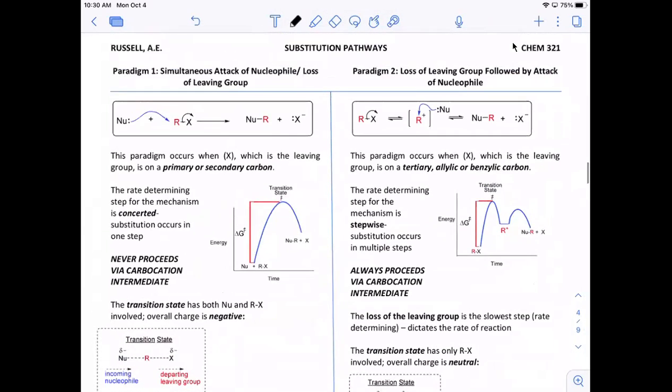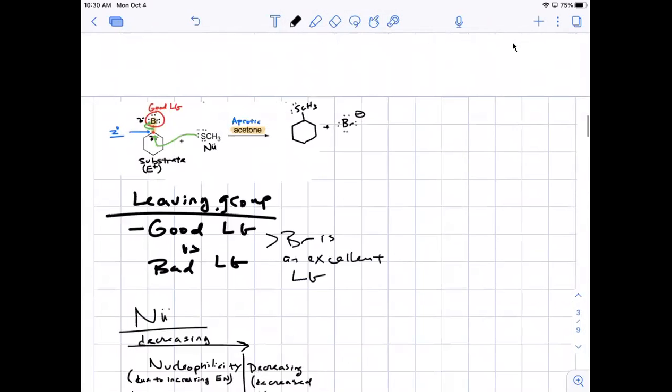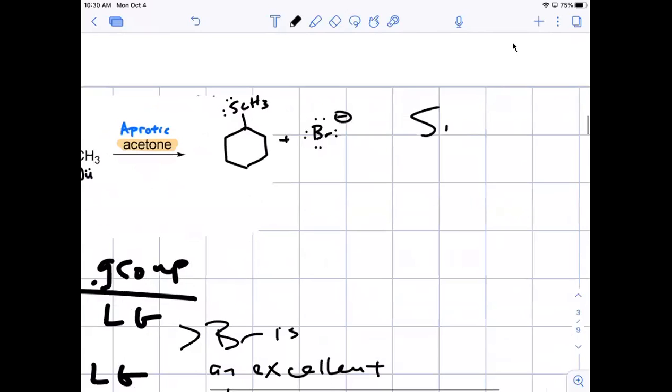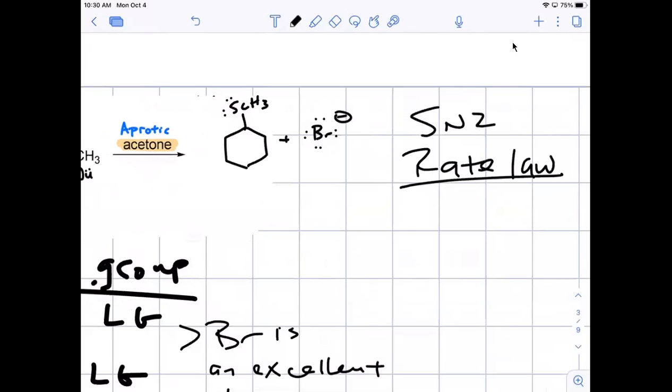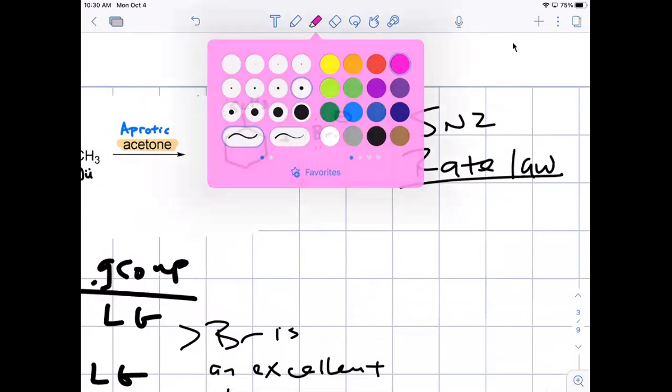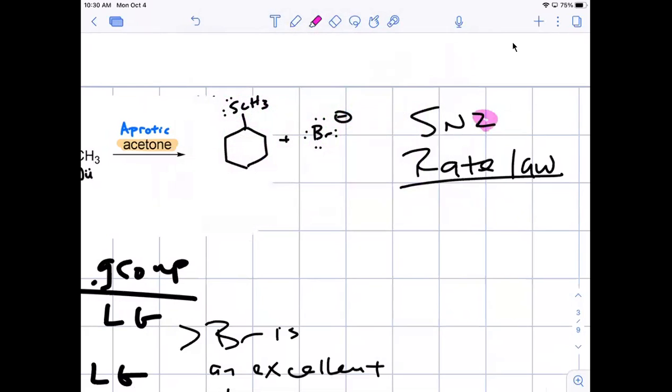One of the other pieces about the SN2 is the rate law. We said the 2 meant that it was bimolecular. Is that right? Yes.